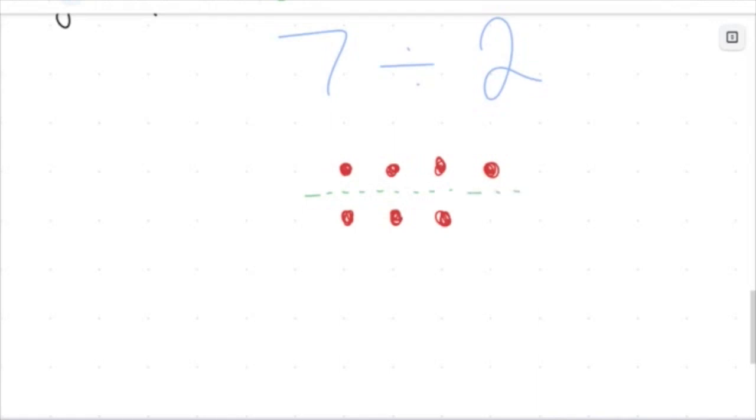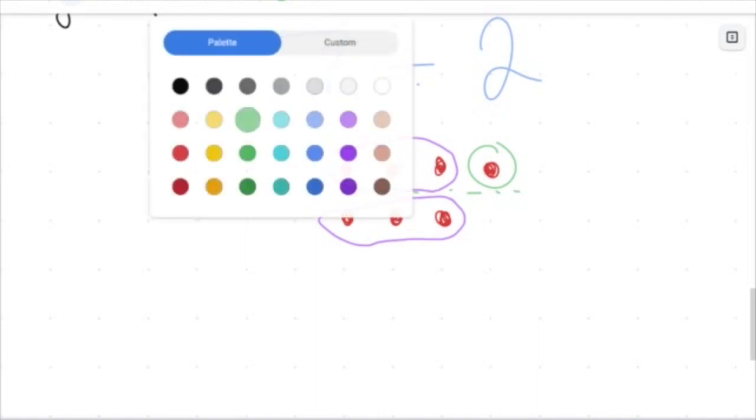Now, you can hopefully see here that I can see a couple of equal groups. I can see this one, and I can see this one, but I have this weird one over here on its own. So I can say that 7 divided by 2 is going to be 3 because we can split it up into 2 even groups of 3.